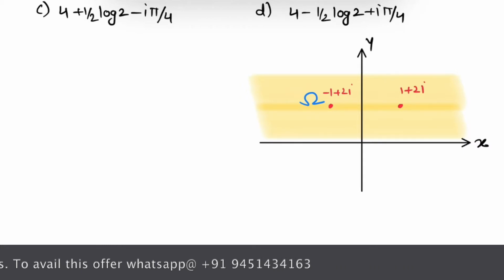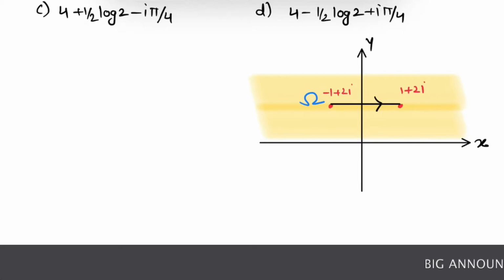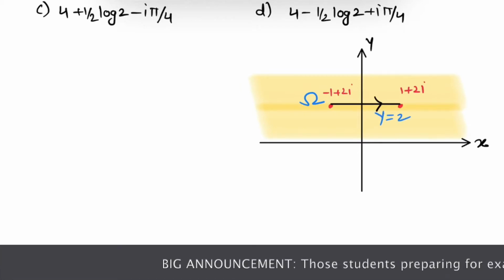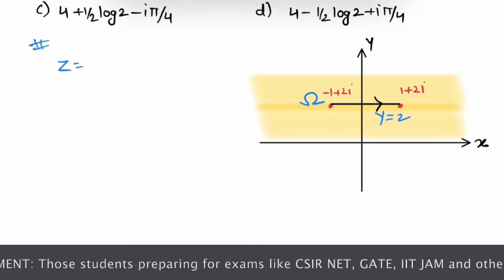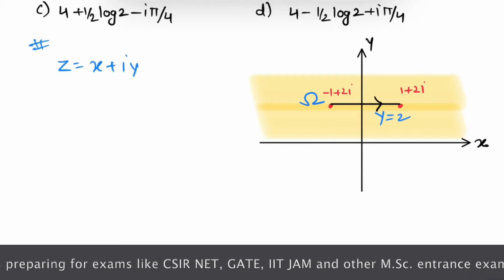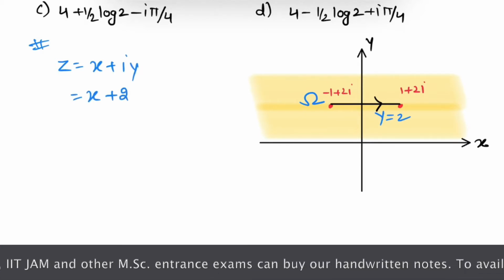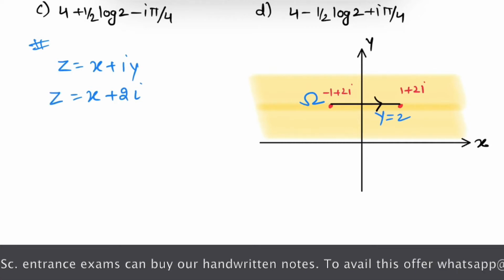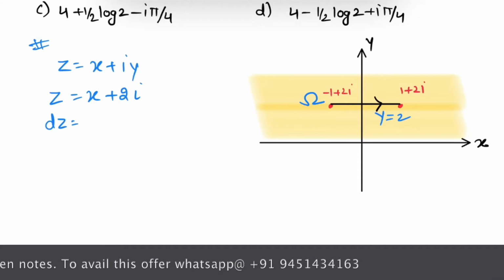So this line is y equals 2, so z will be x plus iota y, and y is 2 here, so z will be x plus 2 iota, and dz will be dx.